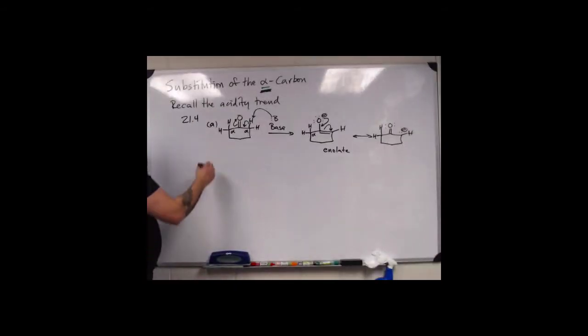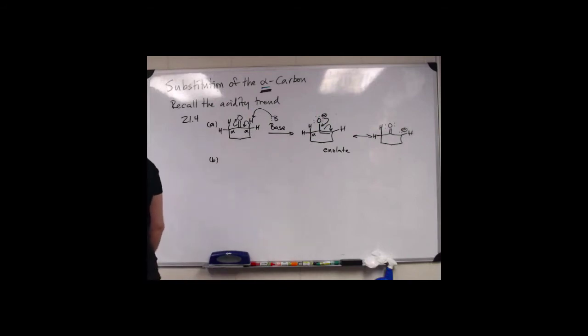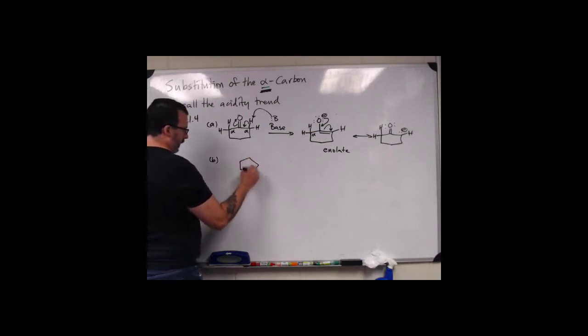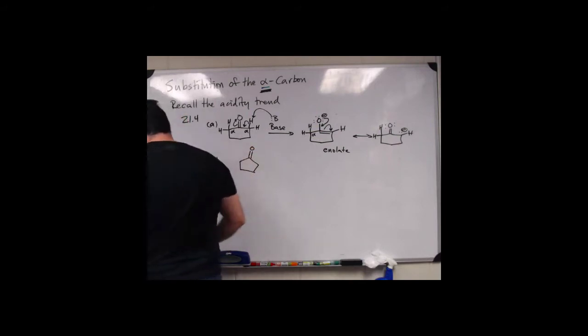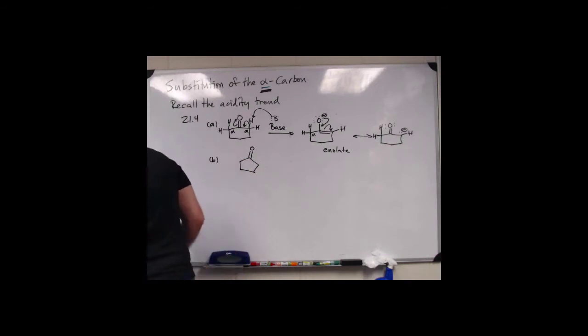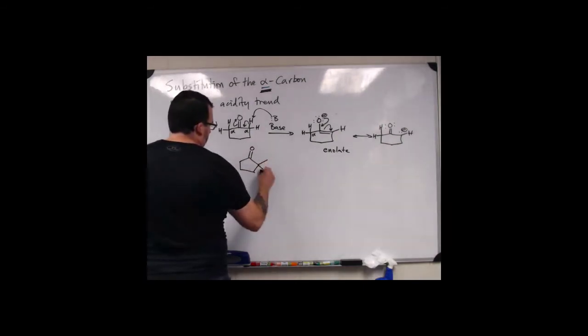So let's look at part B. Most of these are ketones. Problem E is an aldehyde. So we're given this structure. Maybe let's see if we can make this interactive.